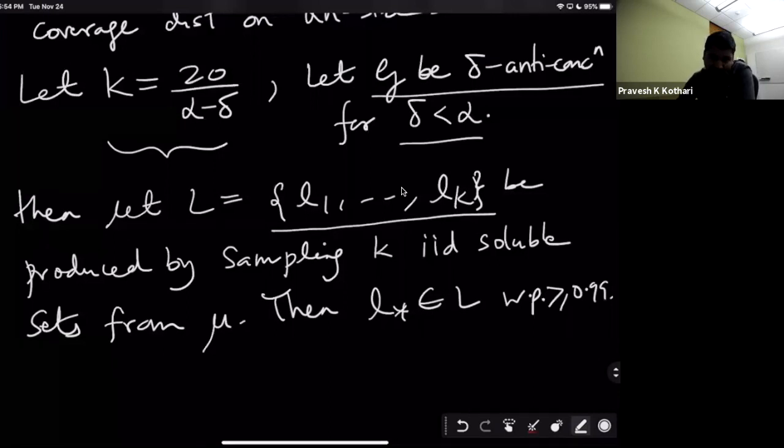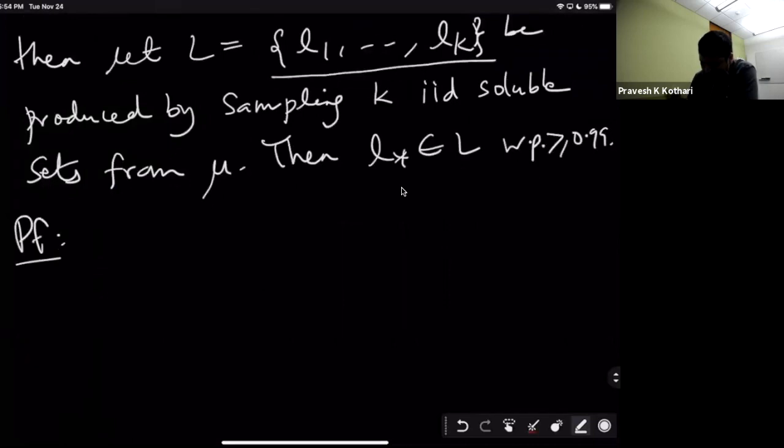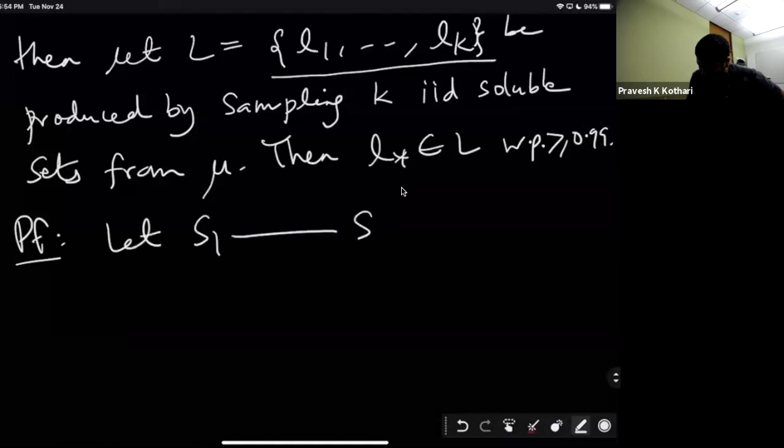So we're not at 1 over alpha, but we're not so much worse either. We are some constant fraction larger than the optimal bound. Let me quickly do this proof. It's a very simple averaging argument. Now, we already know that, let S1 through Sk be the soluble sets sampled.